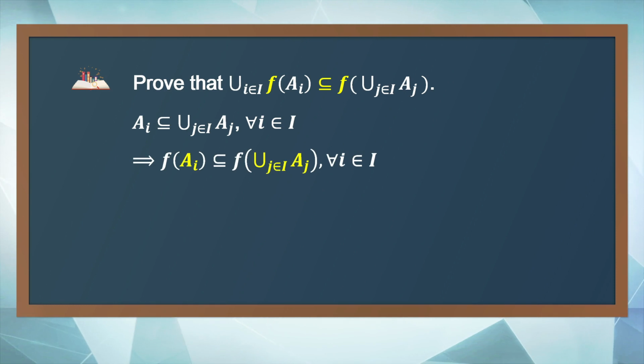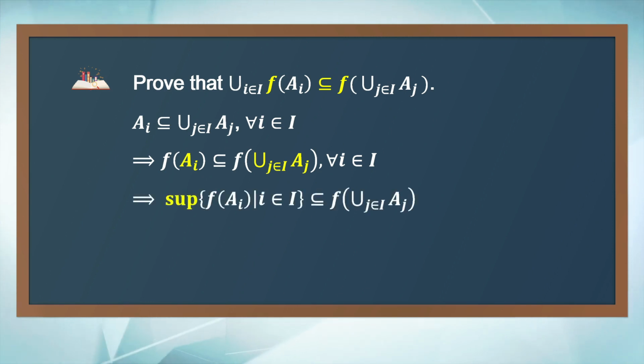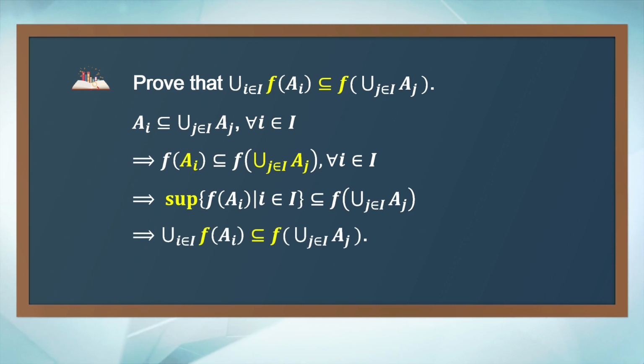In other words, the image of the union is an upper bound of these images. The supremum, which is the least upper bound, is a subset of the upper bound. So the supremum of these images is a subset of the image of the union. What is the supremum of these images? The union. So the union of the images is a subset of the image of the union.